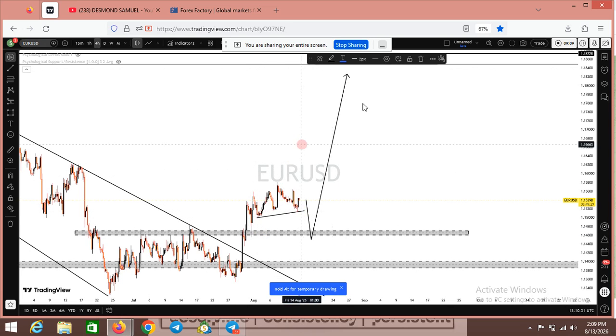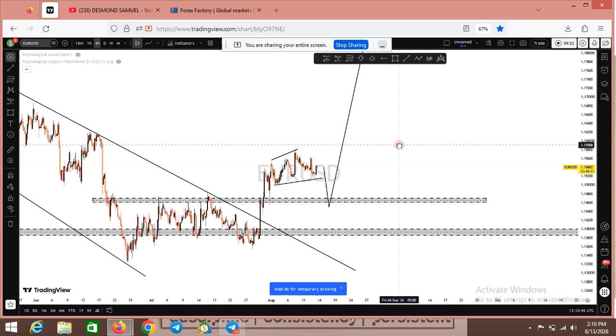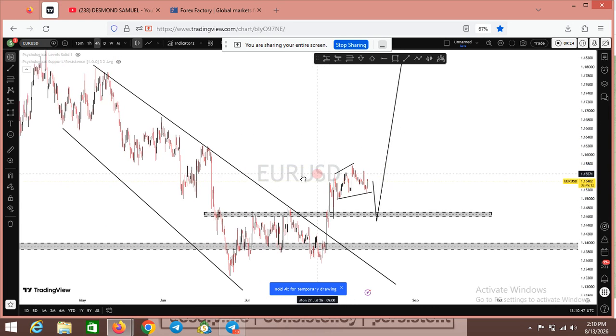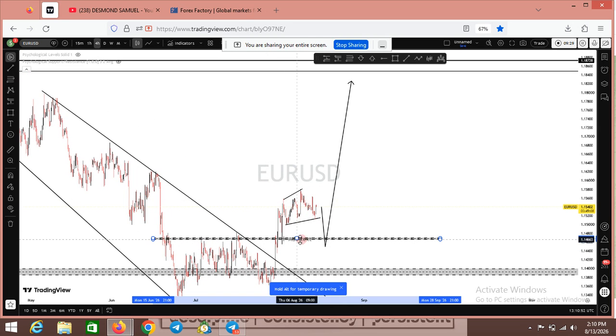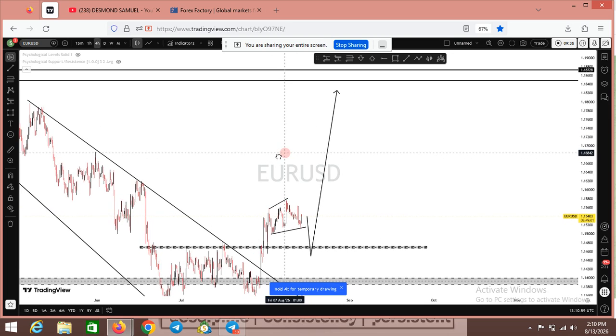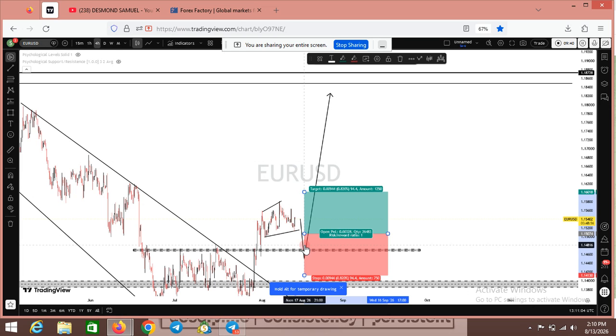We have this as a liquidity. So we want to see the market sweeping this liquidity low here, getting into this zone. Then we will buy into the upside. Let me adjust this a little bit. Okay. So we'll be buying at this point. We're going long, yeah.